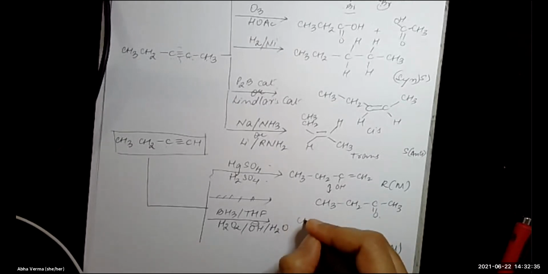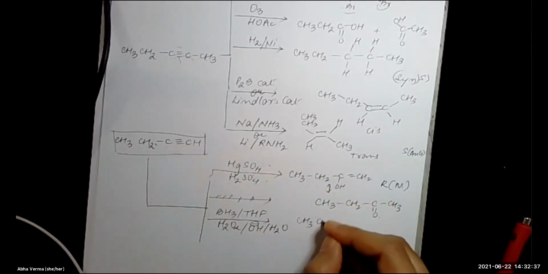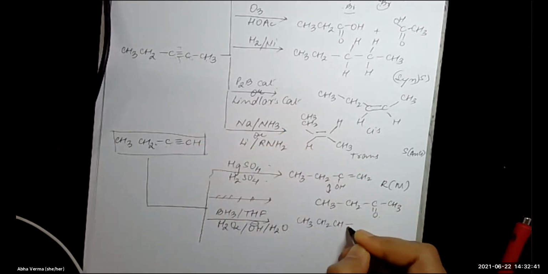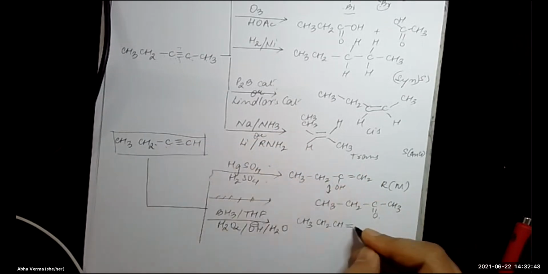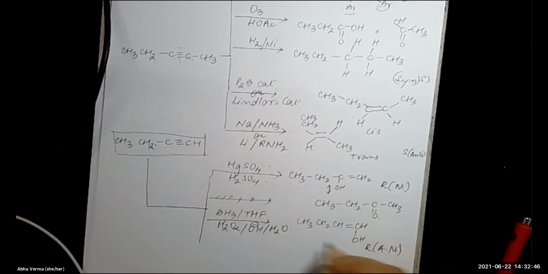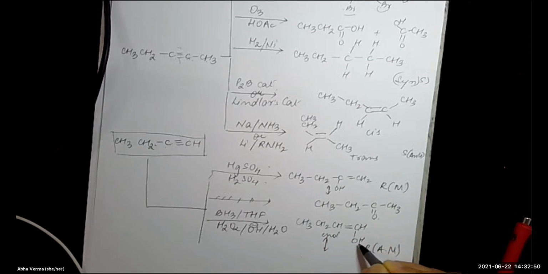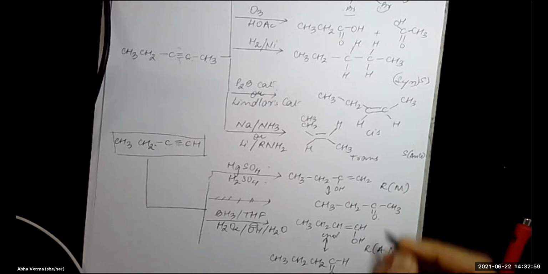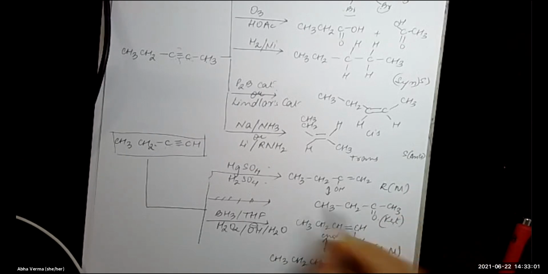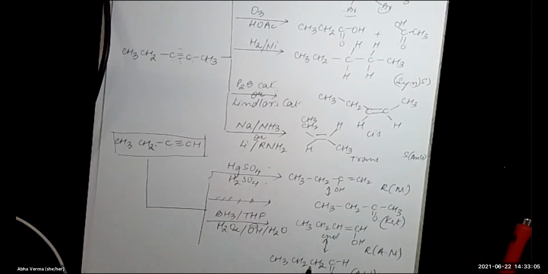So CH3, CH2, CH, double bond, CHOH. So this is another enol. 1, 2, 3, CH3, CH2, CH2, and the aldehyde. So a ketone will form here and an aldehyde will form right here.